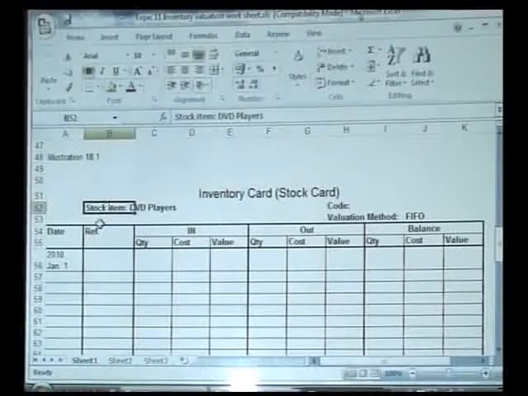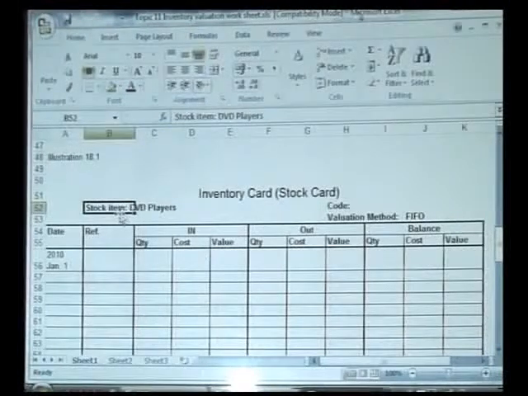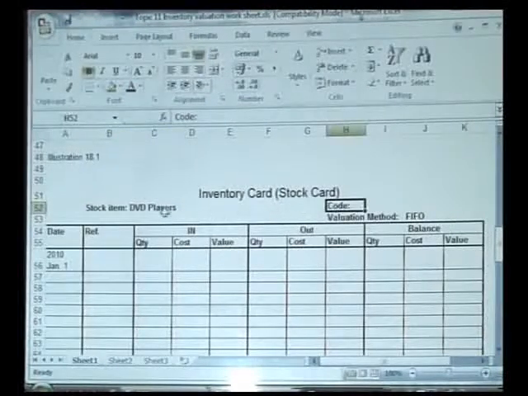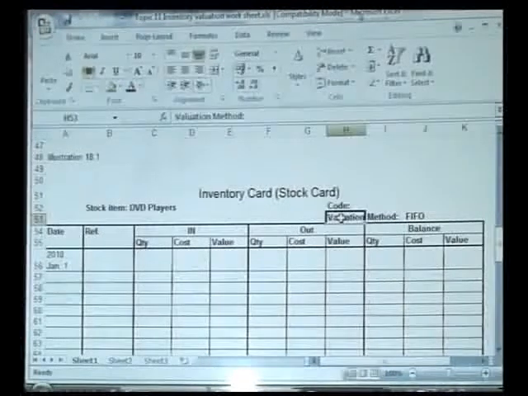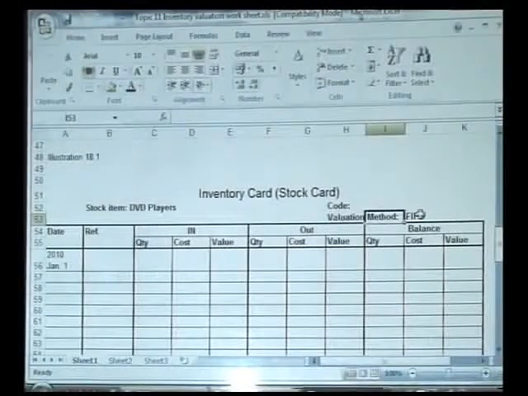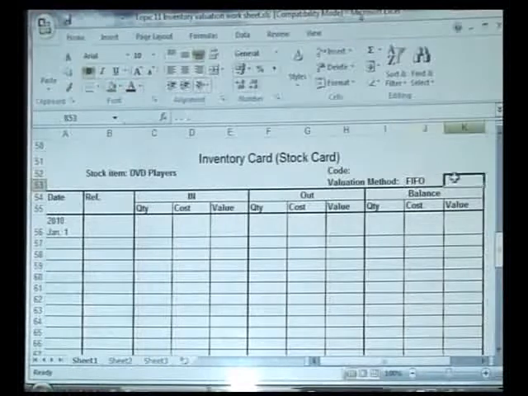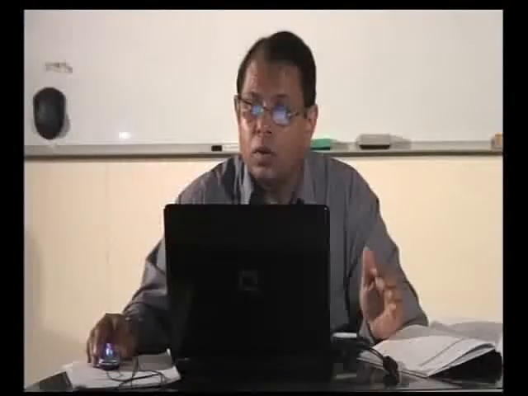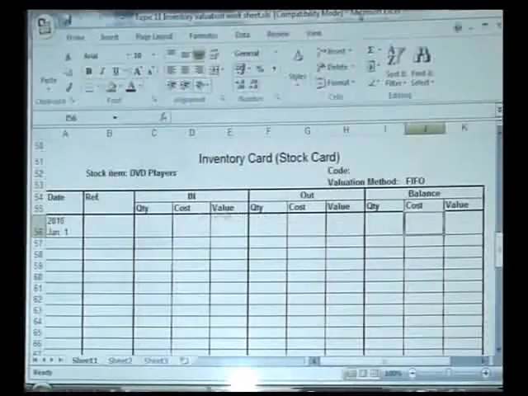Stock item is mentioned here. In this case it is DVD players, and there must be a code number for each and every stock item. It must be included. I left it blank. And the valuation method is also included here, because that gives you the indication of how to value this stock, issues and the closing balance.